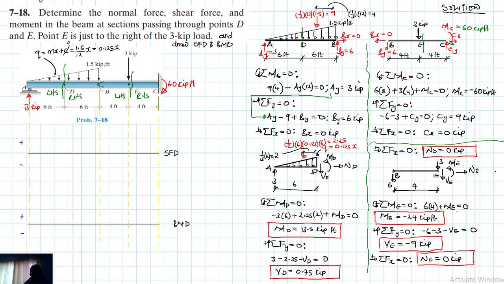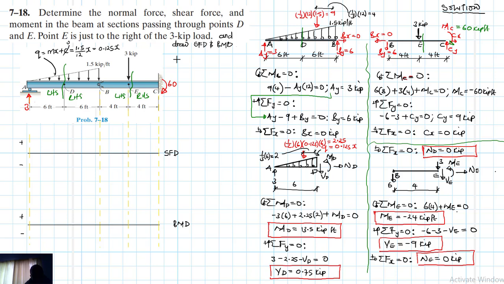So what we just need to do now is to start drawing. For us to draw, let me just move these units. Okay, so I have a little bit of space.